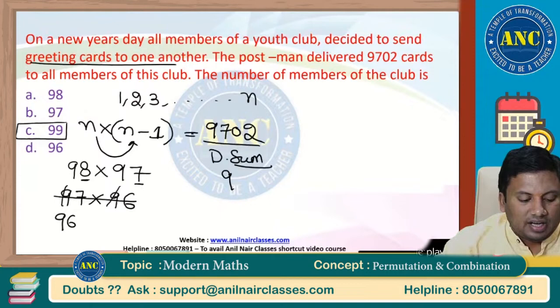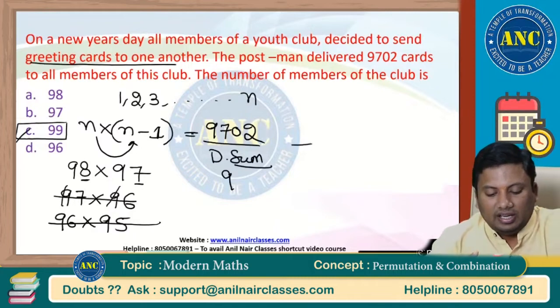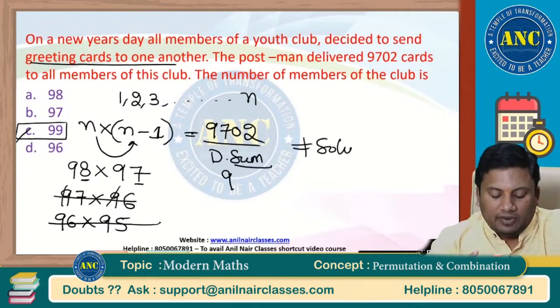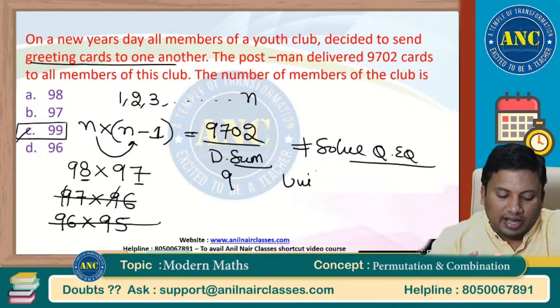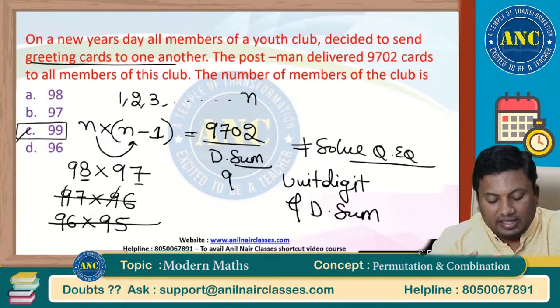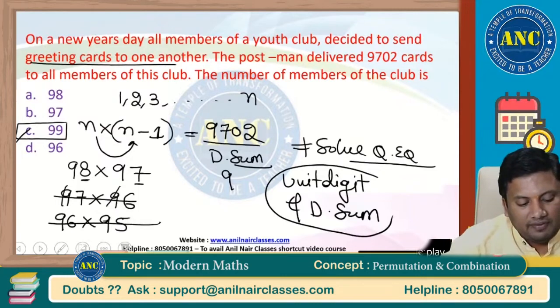Fourth one is 96 into 95. Unit digit itself is not matching. Answer is 99. Do not solve the quadratic equation. Go by the unit digit logic and the digital sum logic. You will get the answer very, very quickly.